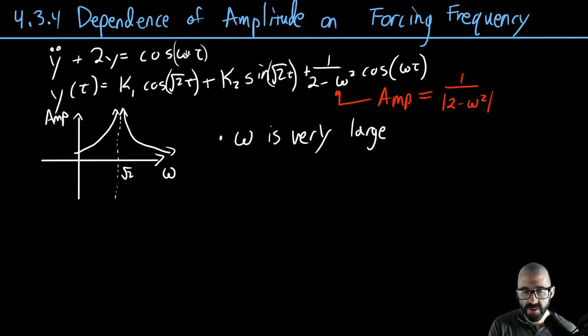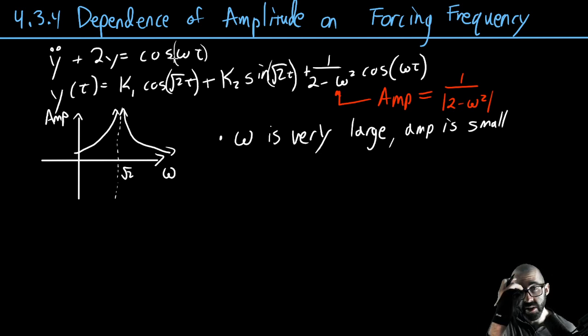If our forcing frequency, which will always be the same as the frequency of the forced response, is very large, then this amplitude is very small. And what that means is that the forcing function has very little effect. And again, we're not changing the size of the forcing function. That's the interesting thing.